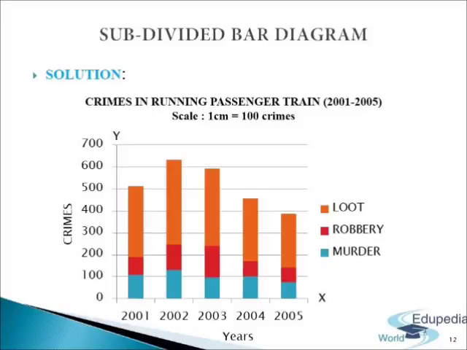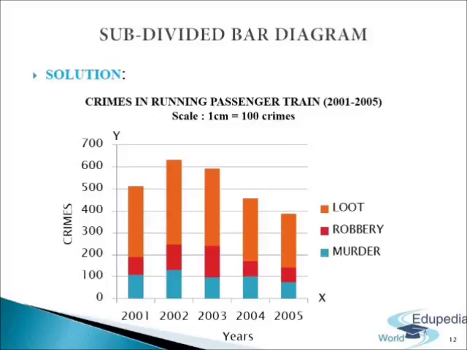In this, blue refers to loot, red refers to robbery, and orange refers to murder. A common and helpful arrangement is that of presenting each bar in the order of magnitude with the largest component at the bottom, that is loot in this case, and the smallest at the top, that is murder.